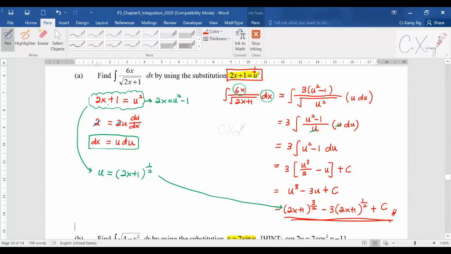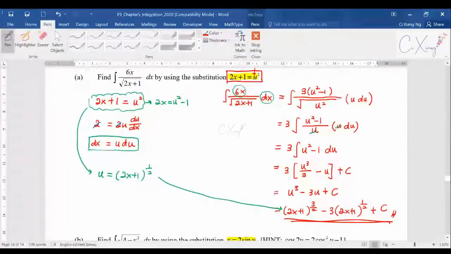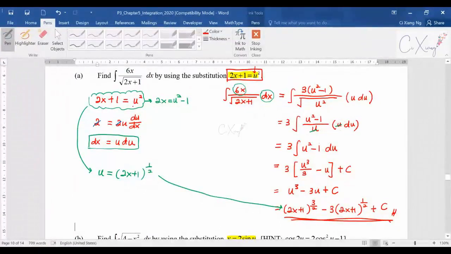Okay, so you can have a look at all the details here. First step is you need to do the differentiation from the substitution given in the question. Then you have to rephrase, so try to use all the information here, for the substitution, for the differentiation, to substitute in your expression before you do any integration.